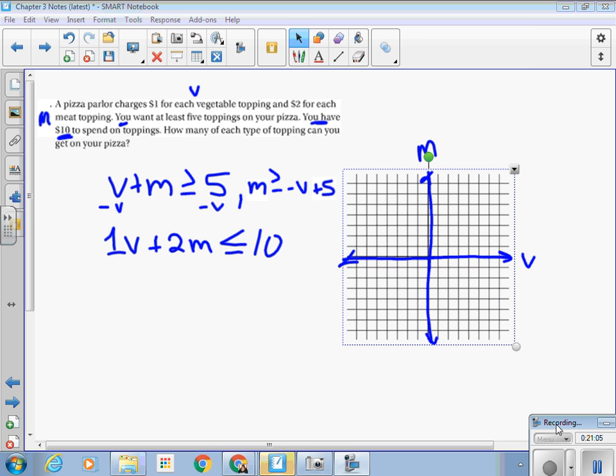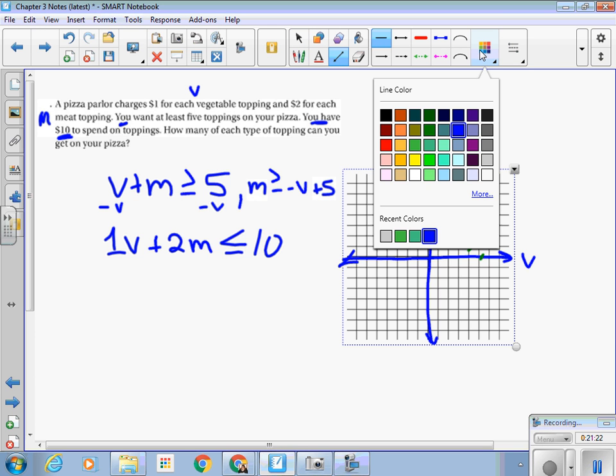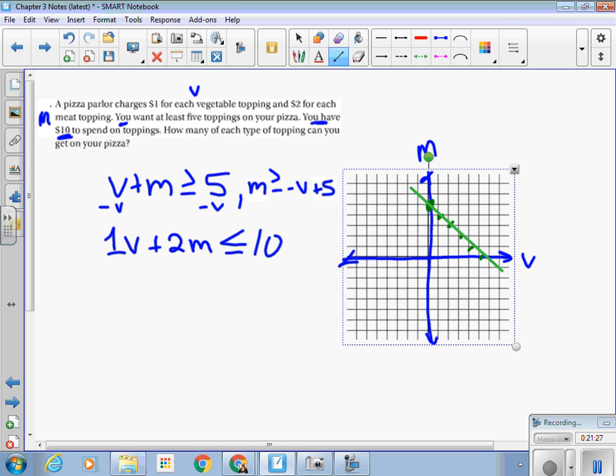For this problem, my intercept is at 5, and my slope is down 1 over 1. I have a solid line because it can be equal to it. I want all the M's that are bigger than my green line, so let's get my green highlighter.